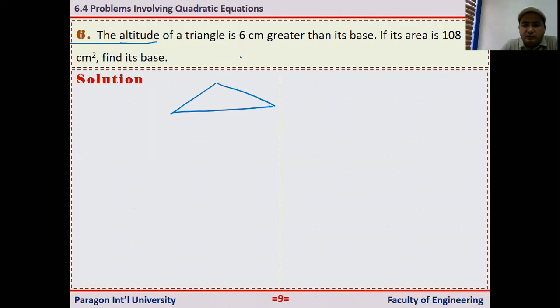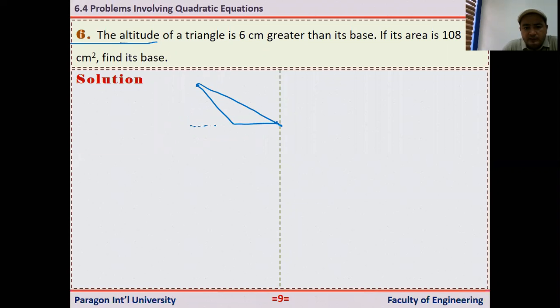Okay, the altitude is greater than its base. So I should not draw something like this because height is greater than its base. Our triangle is maybe something like this. Okay.